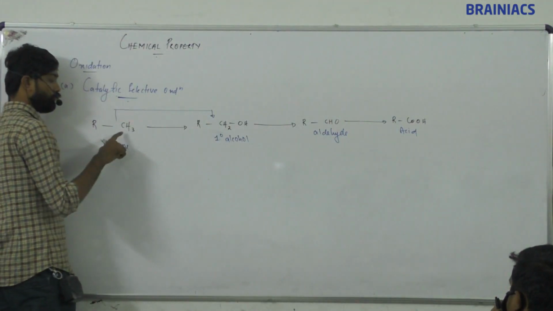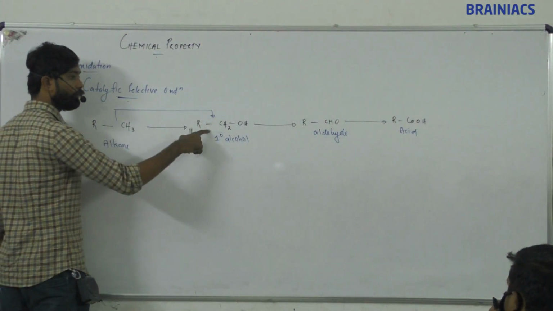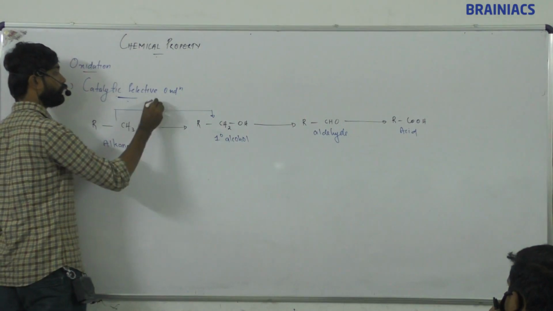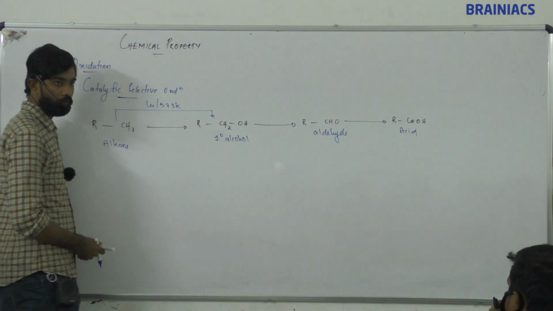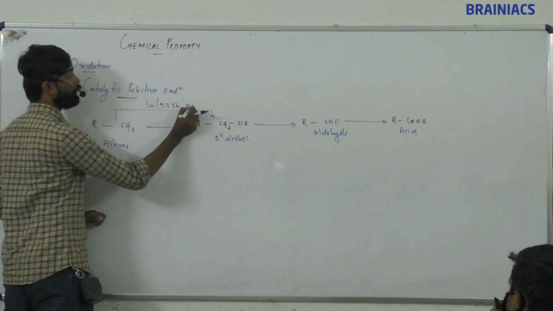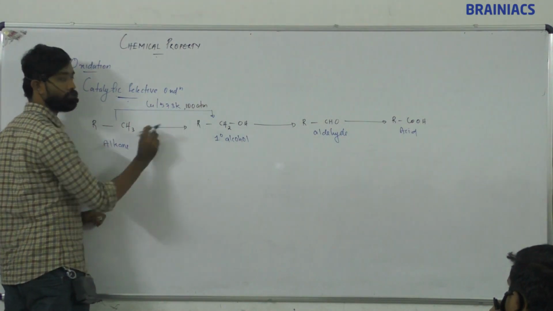For the oxidation of alkane to alcohol, we require red hot copper, followed by treatment with 100 atm pressure. It is mentioned in your text.